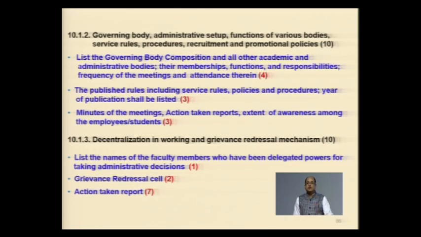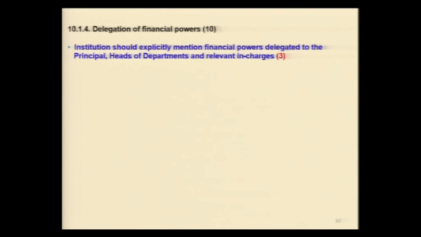If you look at items 1 and 2 on the 10 point scale, 7 marks are given based on some kind of issues and the action taken based on that. Delegation of financial powers. If you look at the papers, particularly in the self-financing sector, you find a lot of delegation of financial power given, but in reality, when you look at the file, it goes back to the highest authority.